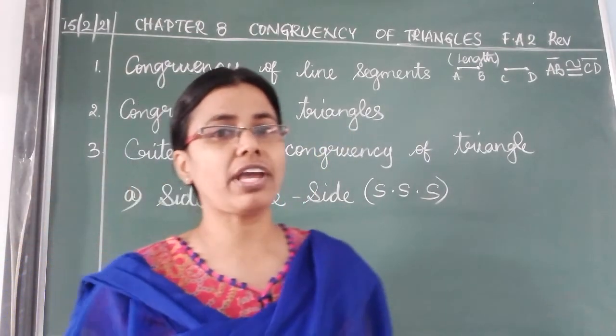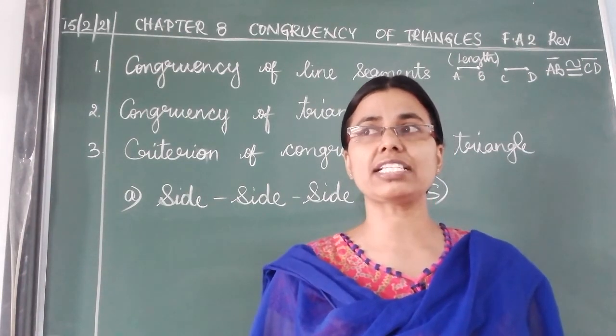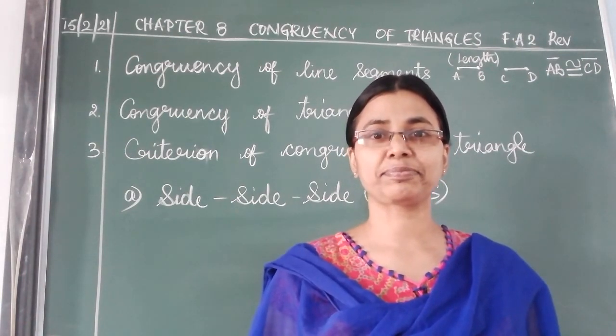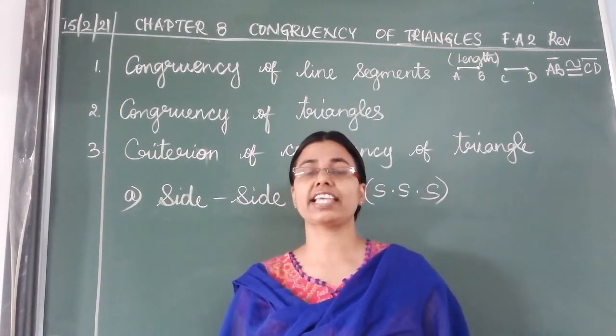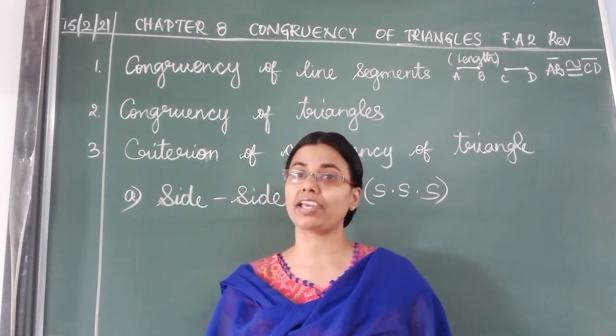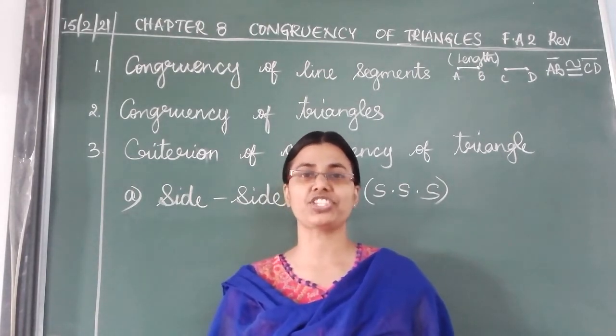Congruency of triangles. When can you say that two triangles are congruent to each other? When two triangles have the same lengths and same angles, you can say that two triangles are congruent to each other.